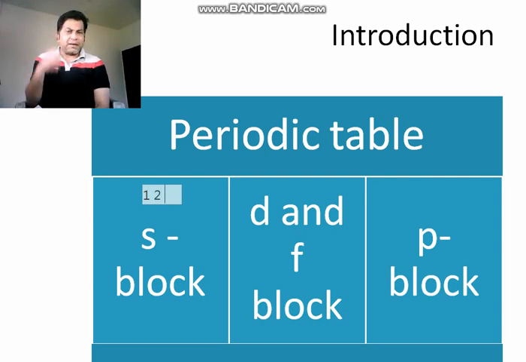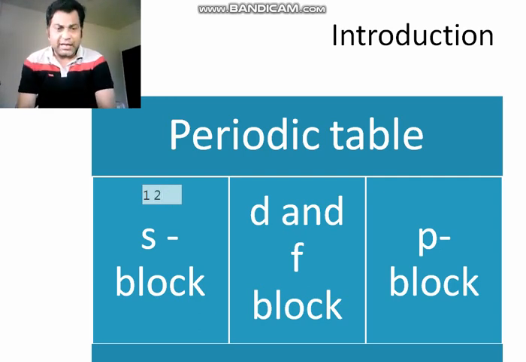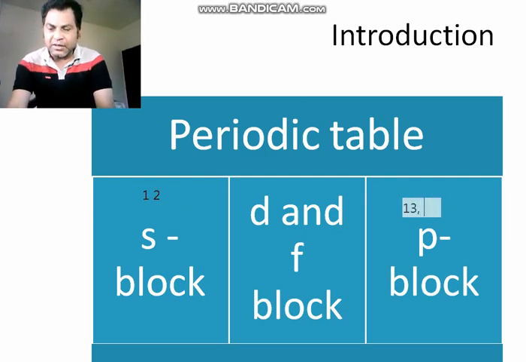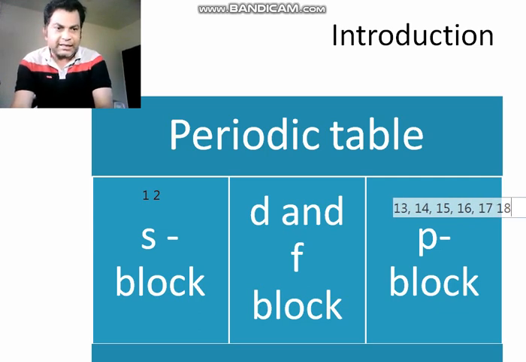And in P block, we have 6 groups: the 13th, 14, 15, 16, 17 and 18.